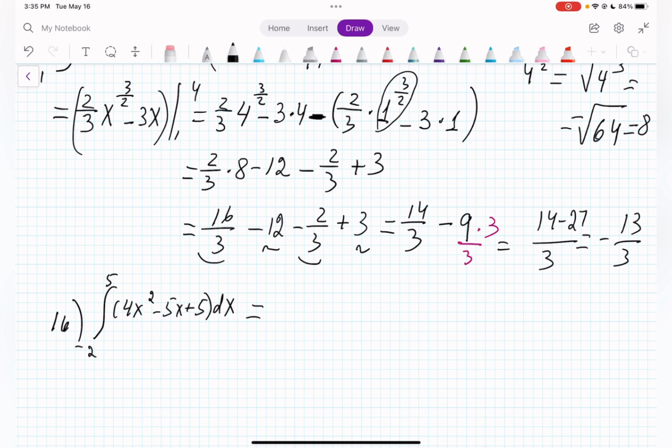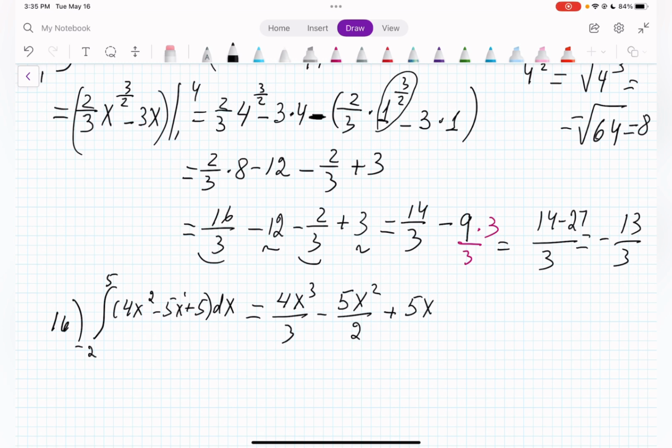So the integral of 4x squared is going to be 4x cubed over 3, right? n plus 1 over n plus 1. Minus 5 times, it's going to be x squared over 2 because 1 plus 1 is 2, and plus in this case is going to be 5x, correct?